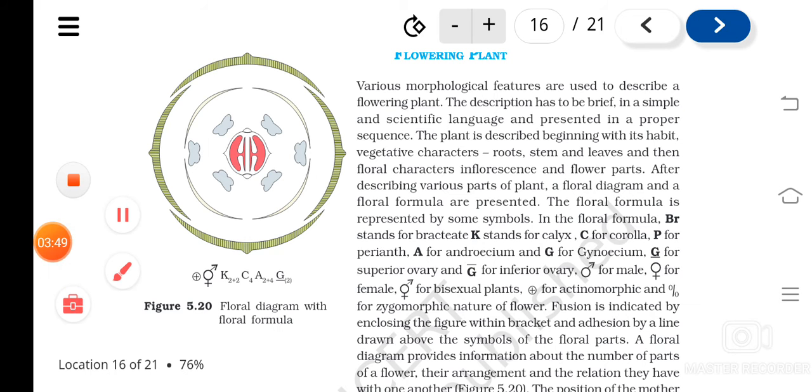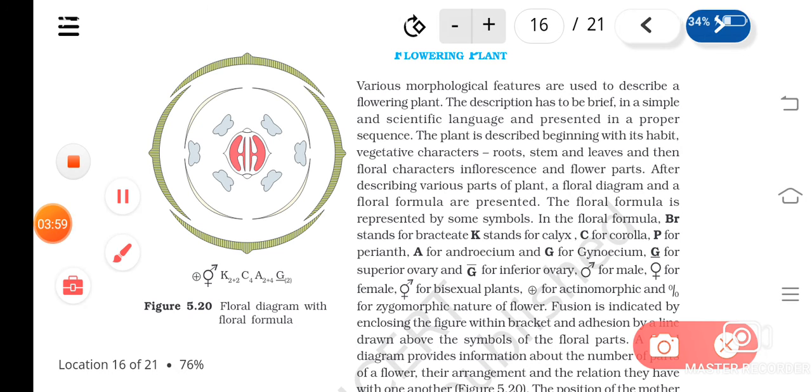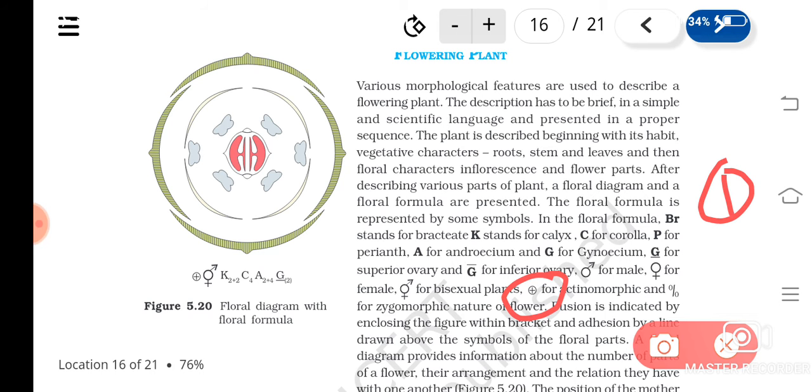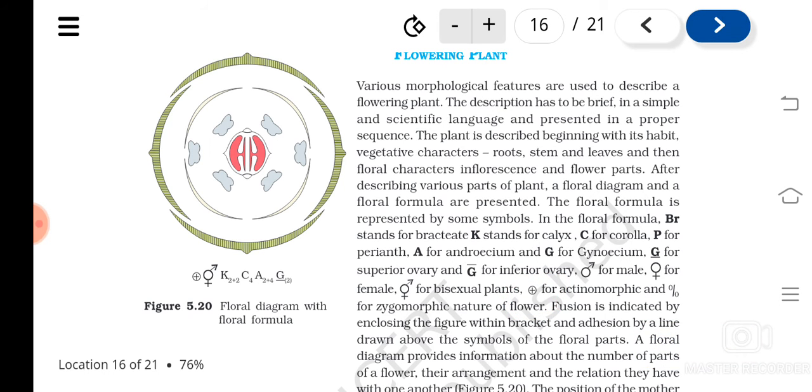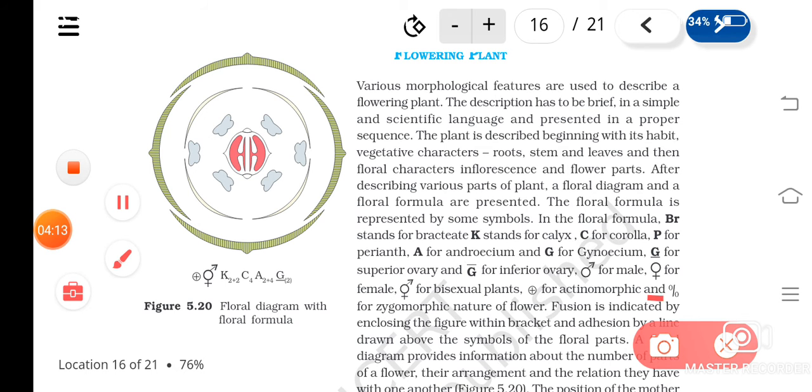Then actinomorphic and zygomorphic, you remember? Actinomorphic flowers are represented by this sign, which we draw like this. And if it is zygomorphic, we put a percent like sign. Is it clear?